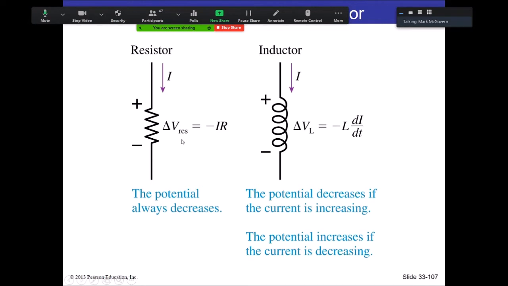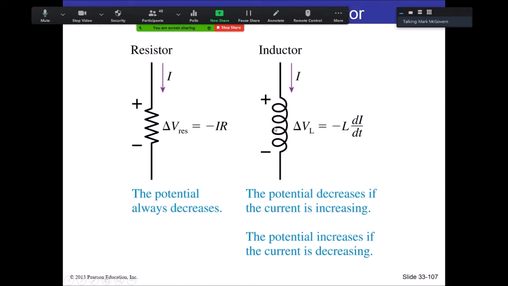So this is like the analogy to the resistor. When current is going through the resistor here, it's a drop in potential given by minus IR. Here, with the current coming through here, again, the current has to be changing in some way. What they're showing now is, if the current is increasing, then this is the setup.